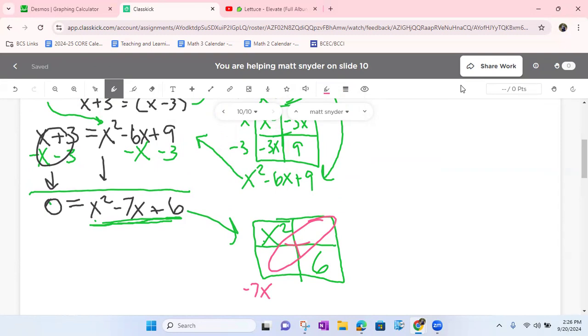So we can make our list. You should be able to do this pretty quickly. 1 and 6 can multiply to get that 6. 2 and 3 could also multiply to get that 6. But remember, we need them to get to that negative 7. So the only way I could do that is if I had a 1 and a 6, and if both of them were in fact negative. So I'm going to write negative 1x, negative 6x.